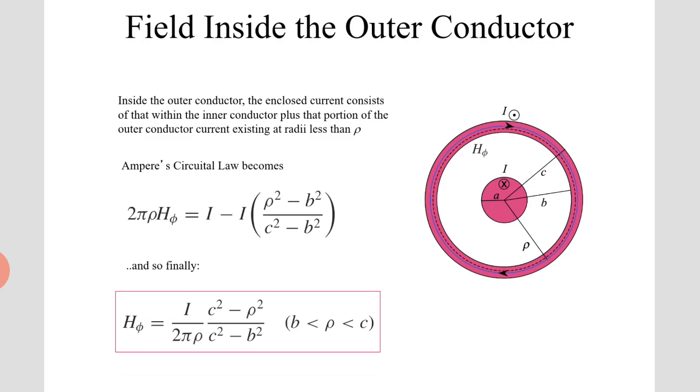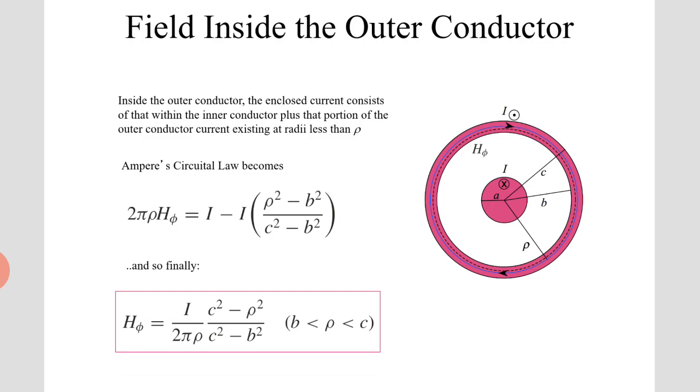After applying Ampere's circuital law, we know that 2 pi rho H phi is equal to I minus I times rho square minus b square divided by c square minus b square. If we subtract the current of the outer conductor portion from the total current, we get 2 pi rho H phi.